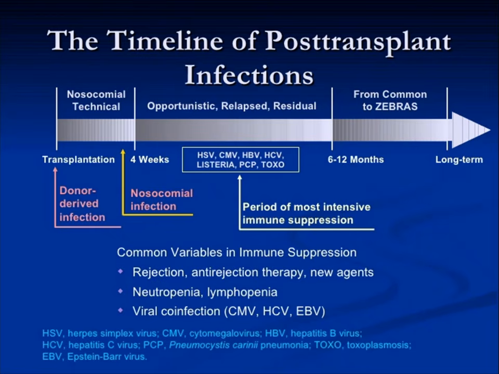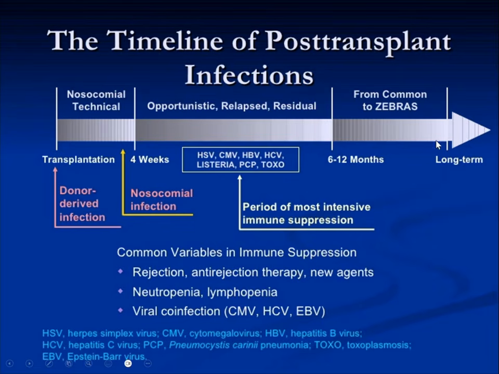I put this slide up because it's a famous slide since the beginning of the understanding of this field, and all it does is summarize what we just said. In your first month, you can see nosocomial and technical problems, and you ask whether it is donor derived. In the middle 6 months, you're looking at opportunistic infections, the usual offenders are right here.